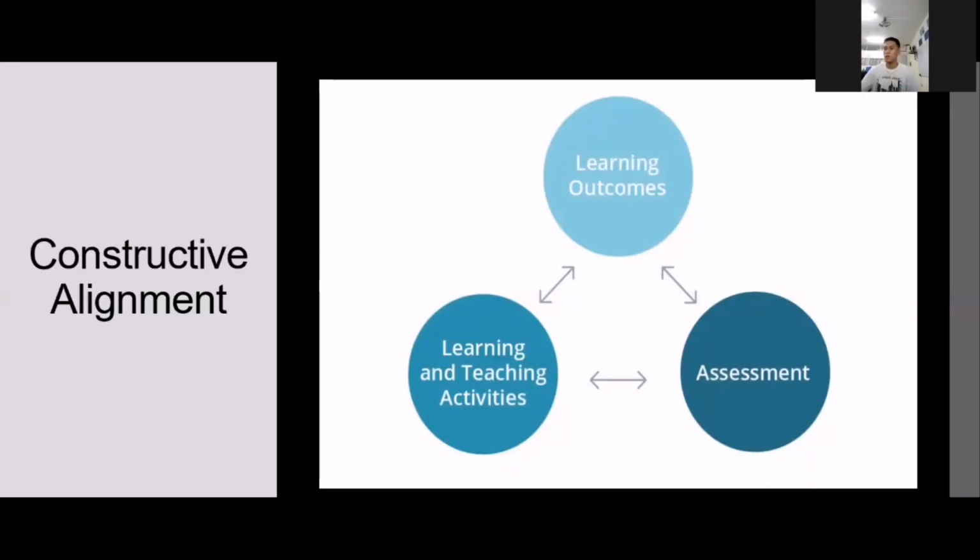As the picture shows, you can see that it is in a cyclical manner. The learning outcomes, the learning and teaching activities, and the assessment are in a cycle form, which means that these learning outcomes and the teaching activities or learning activities are aligned or fit to the assessment of learning.